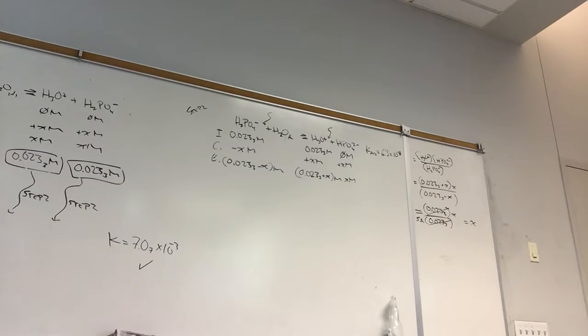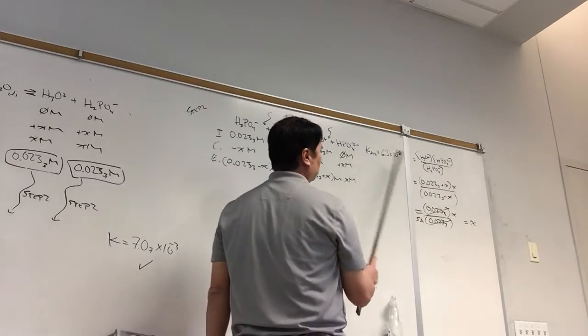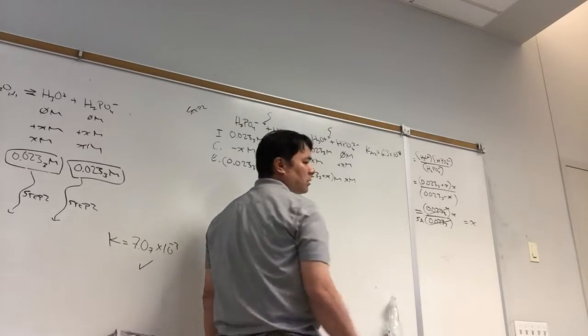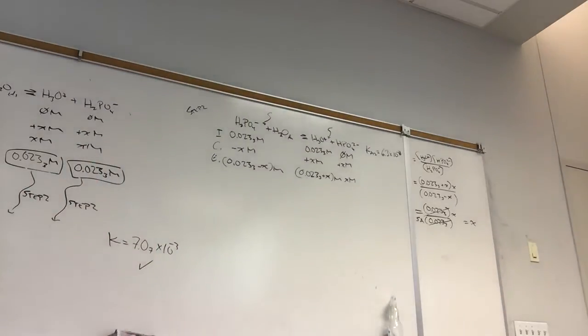When we have a polyprotic acid, usually in step 2, X is equal to K. But you have to keep in mind, it only works if the simplifying assumption works. If the simplifying assumption doesn't work, then X is not equal to K2. I'm just going to throw that out there because Petrucci mentions that.